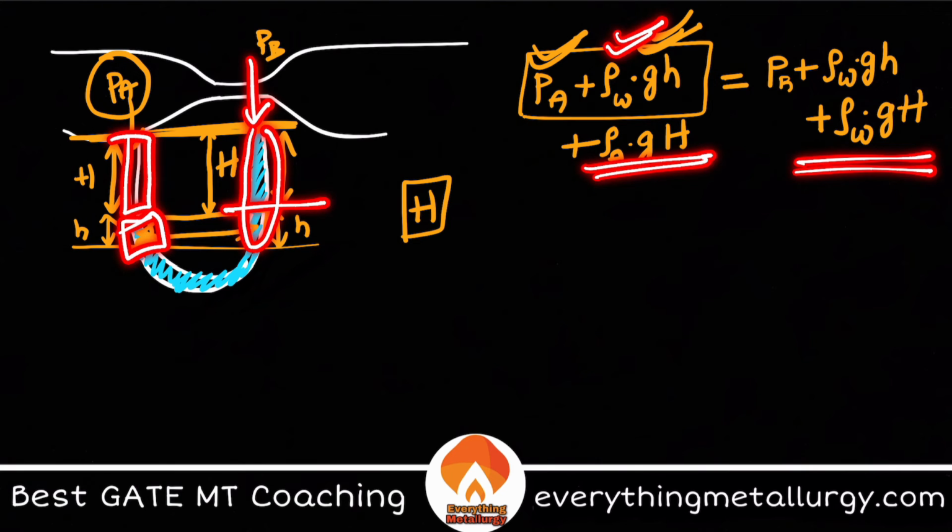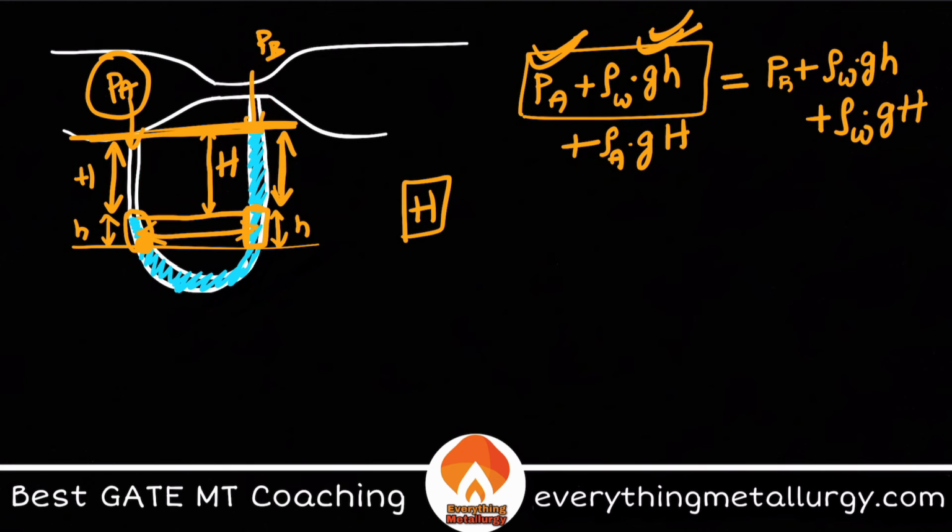But we also divided it to create some similarity with the other one, so we can easily compare and cancel out. So here we have rho W G H, and here you have rho W G into capital H, right? So that's what we took over here. Now if you carefully observe, you have some identical terms. So this will be cancelled, this will be cancelled, right?